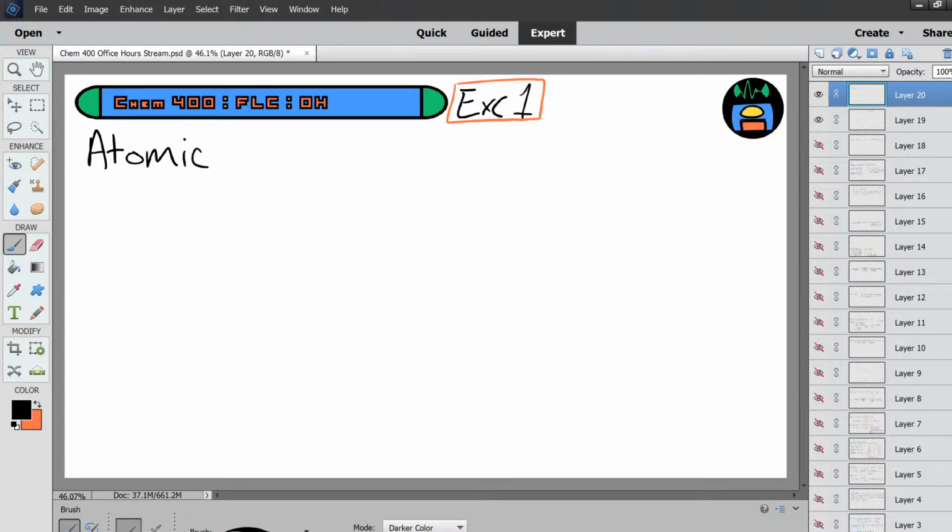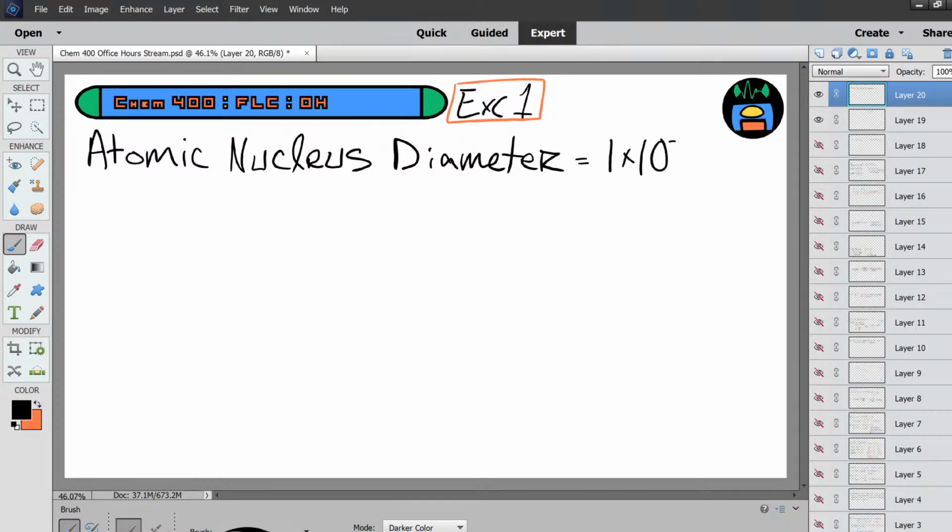It says the atomic nucleus has a diameter of 1 times 10 to the negative 13th, but doesn't give you any units. So it's 1 times 10 to the negative 13th centimeters.